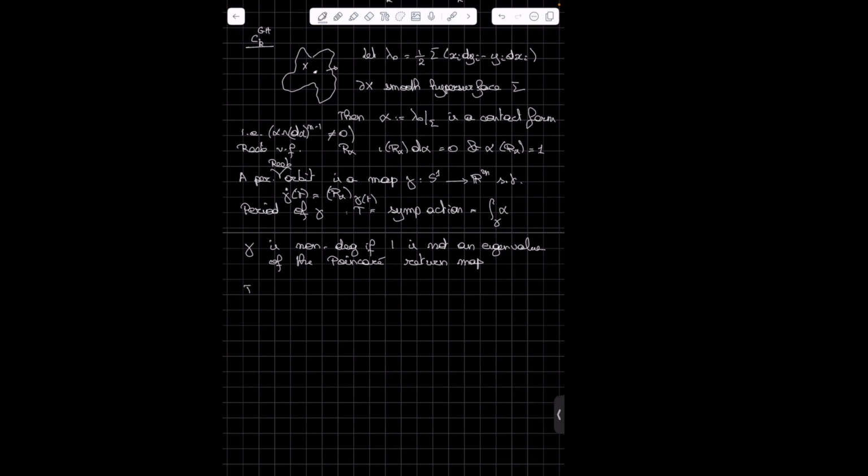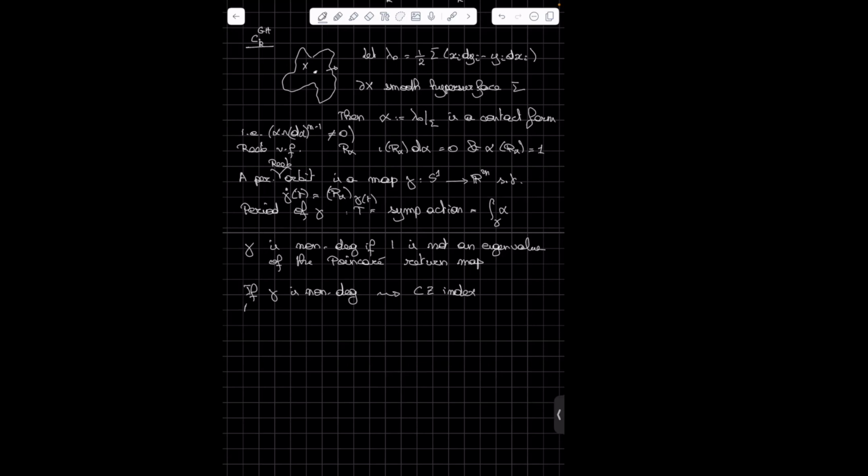So if your orbit gamma is non-degenerate, one can associate an integer to it, which is called the Conley-Zehnder index. This measures how much the flow winds around the orbit.